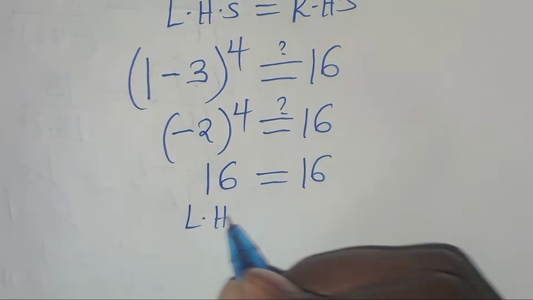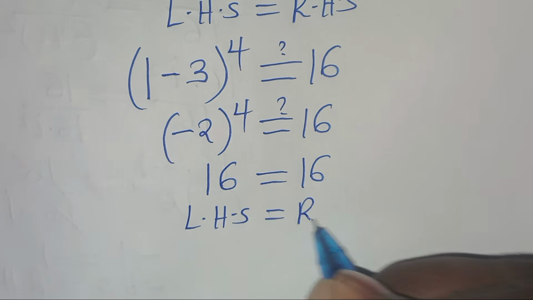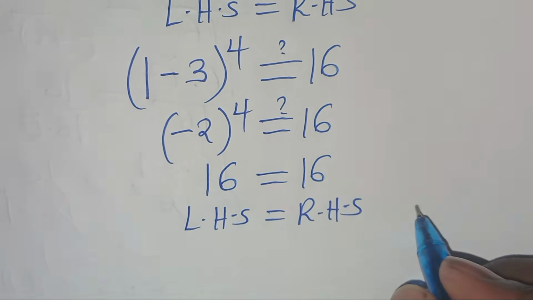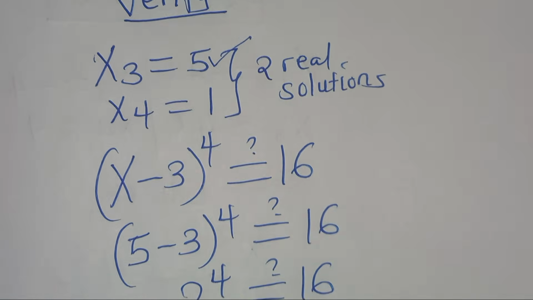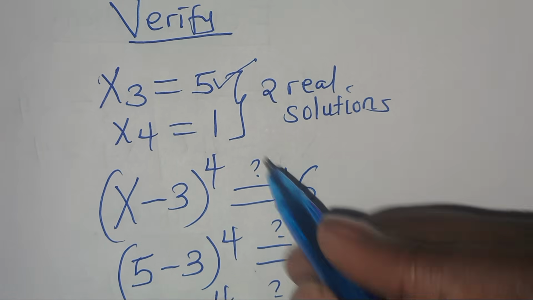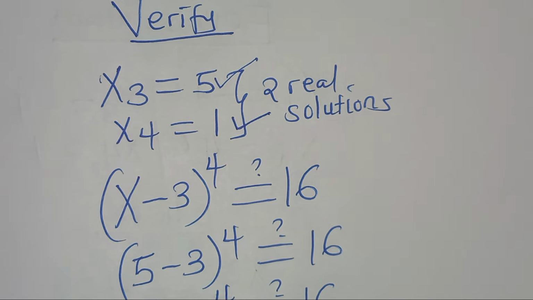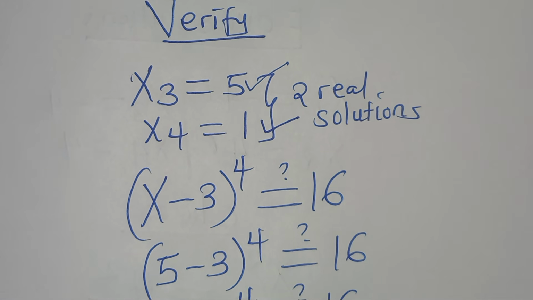So the left hand side is equal to the right hand side, and this proves that x4, which is equal to 1, also satisfies the equation. So this implies that we have 4 solutions, 2 real solutions and 2 complex solutions.